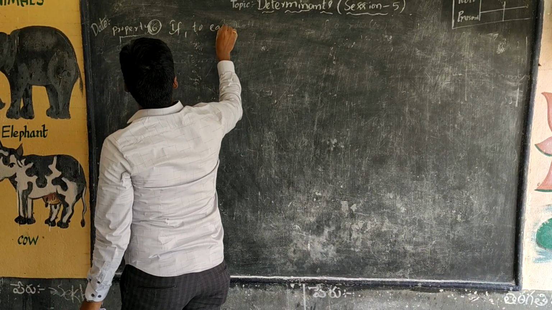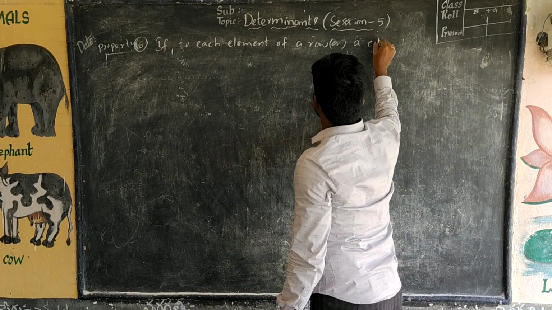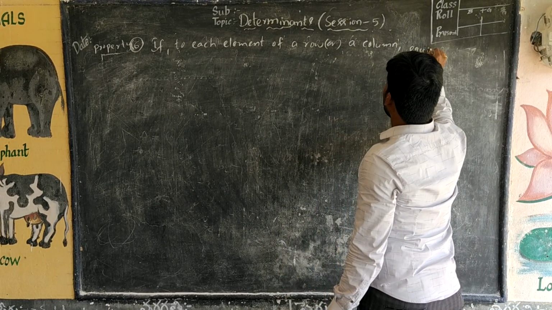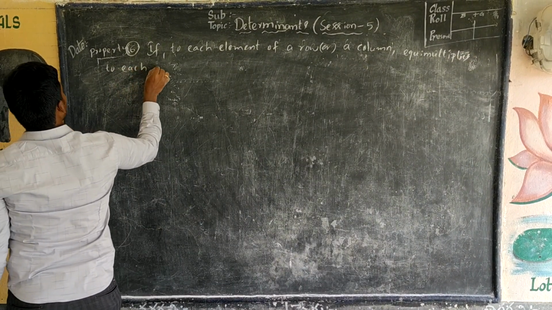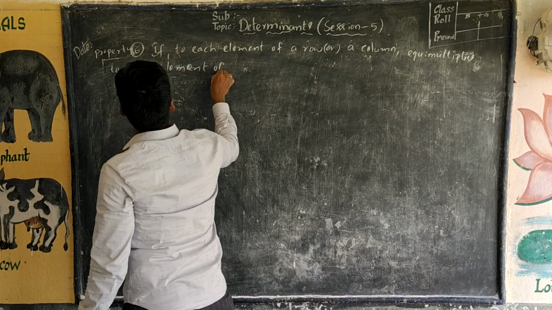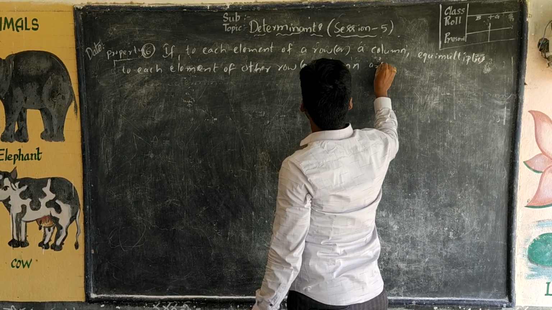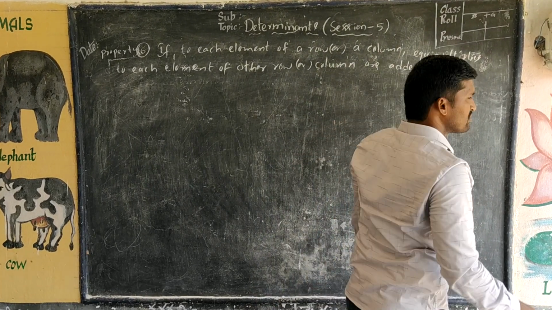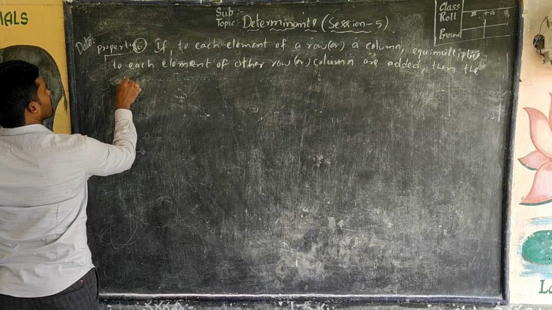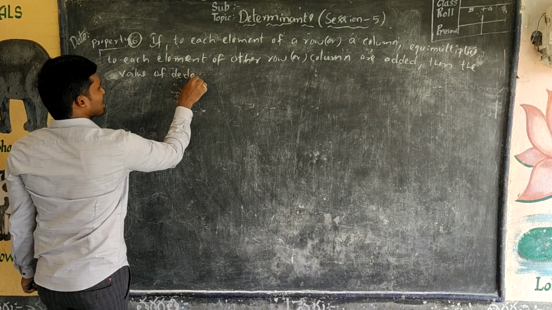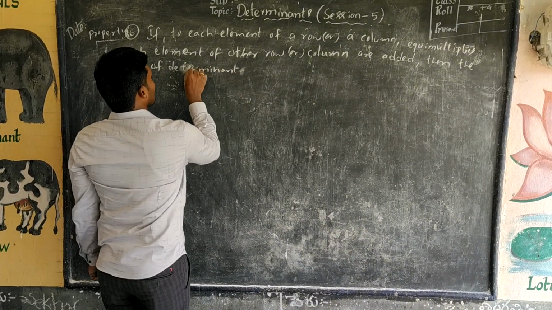If to each element of a row or a column, equally multiplied, to each element of another row or column are added, then the value of determinant remains the same.